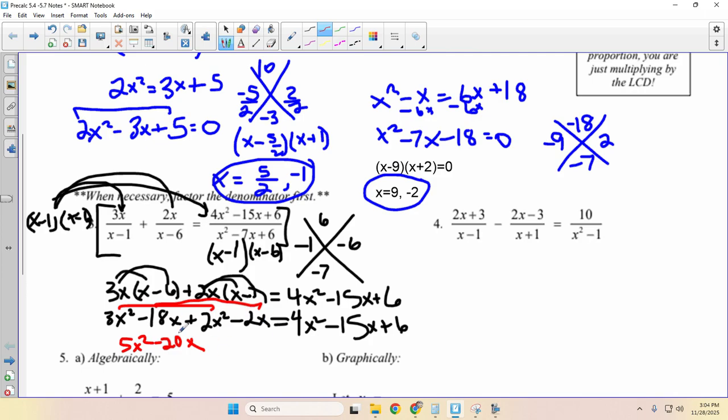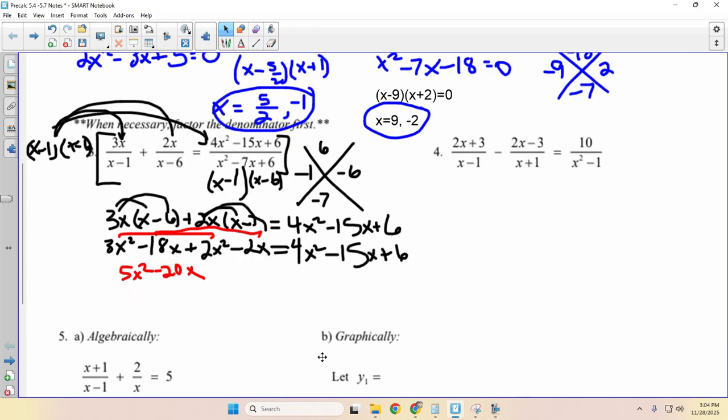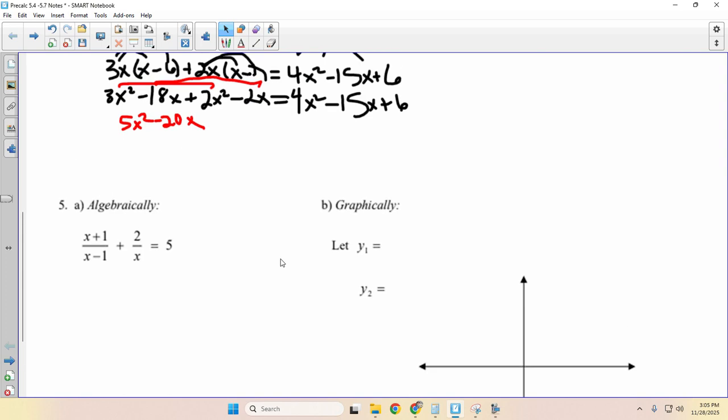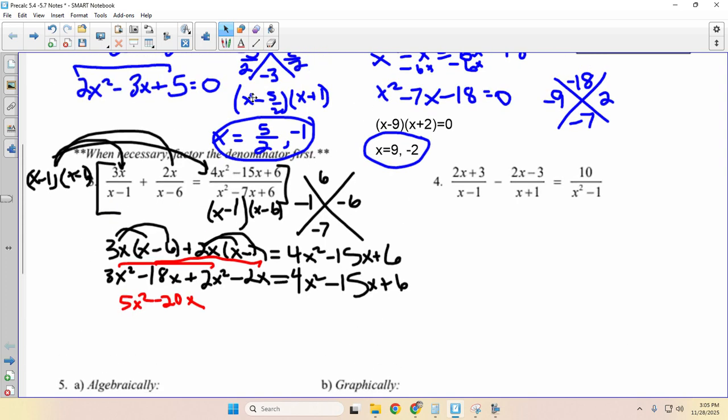Actually, no, I don't want to do that. I just need a little more room here. Let me do it properly so that you can follow along.